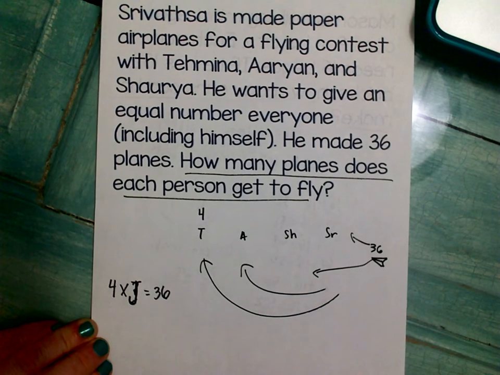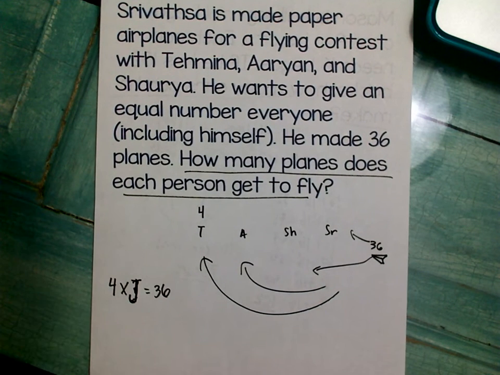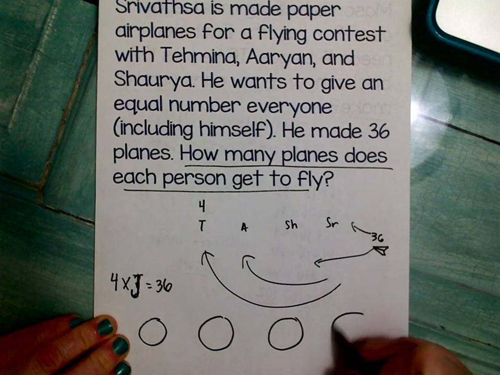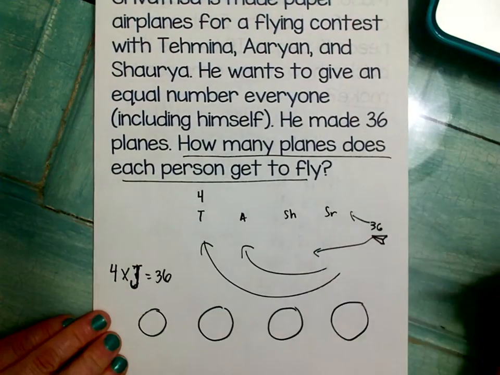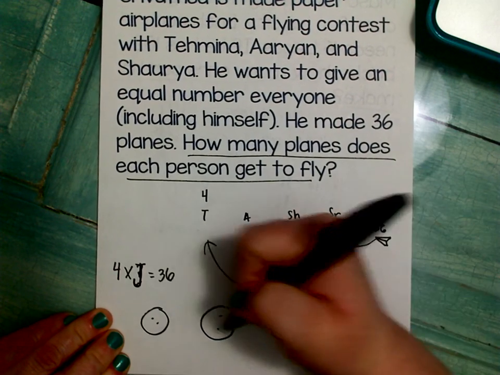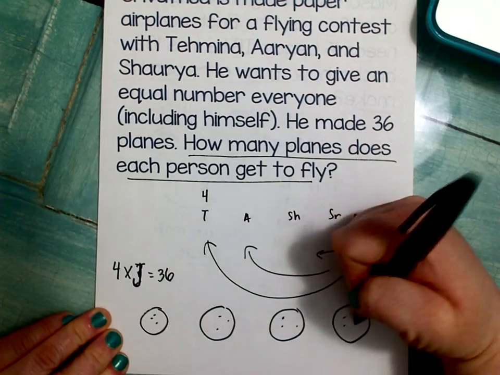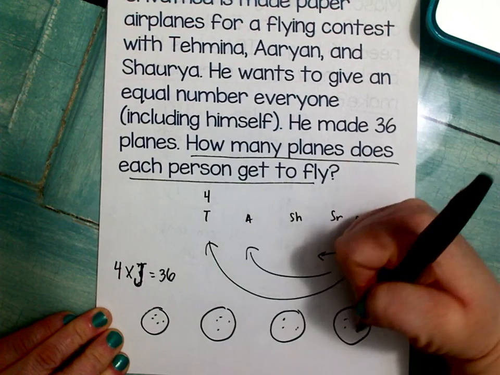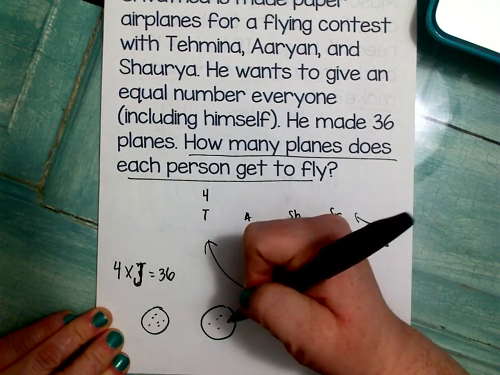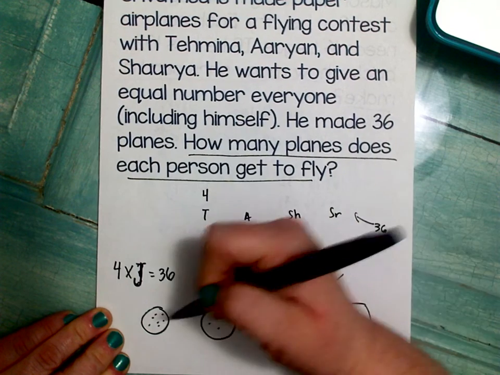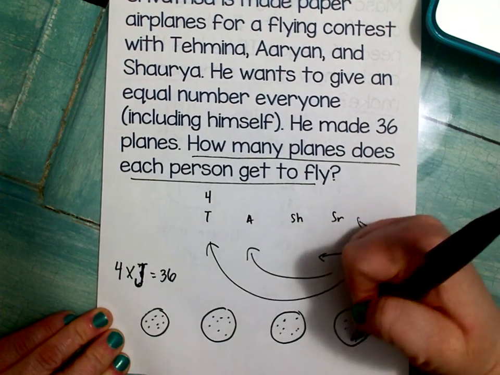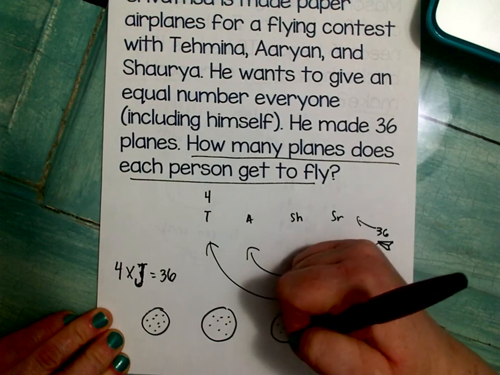So I'm trying to solve for J. And now I'm going to choose a plan, and I'm going to do groups of. So 1, 2, 3, 4. And now I'm going to solve. 1, 2, 3, 4, 5, 6, 7, 8, 9, 10, 11, 12, 13, 14, 15, 16, 17, 18, 19, 20, 21, 22, 23, 24, 25, 26, 27, 28, 29, 30, 31, 32, 33, 34, 35, 36.